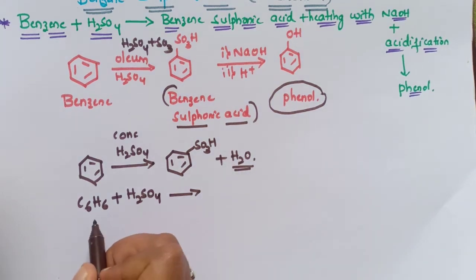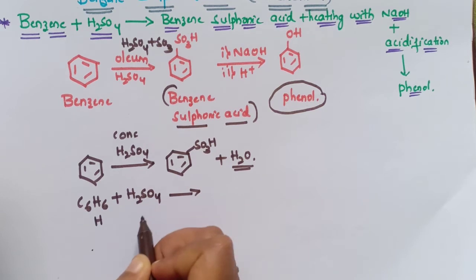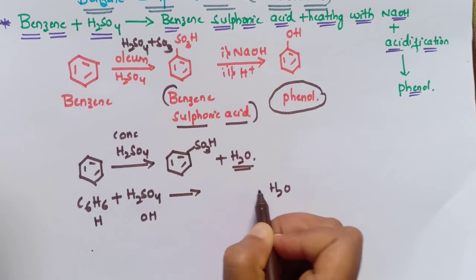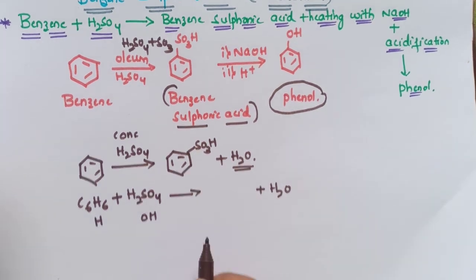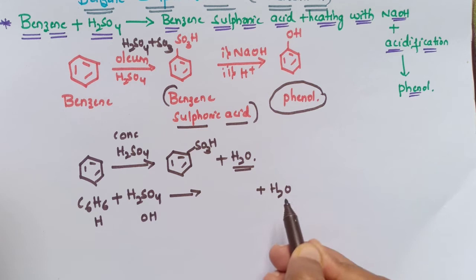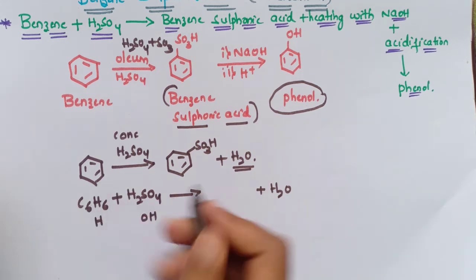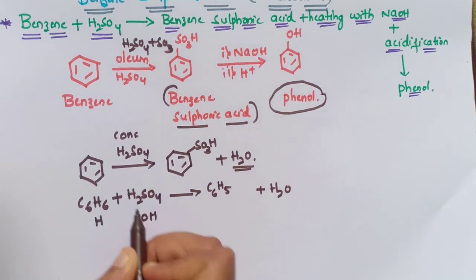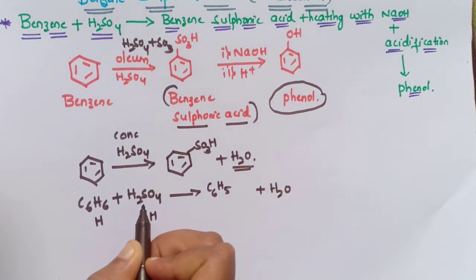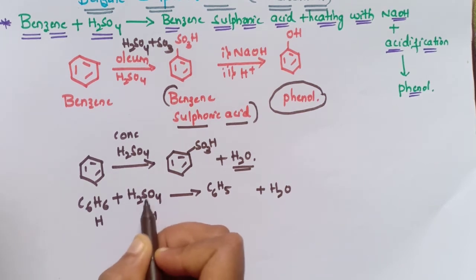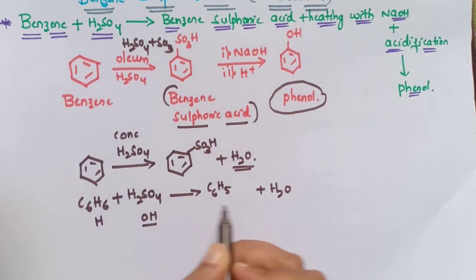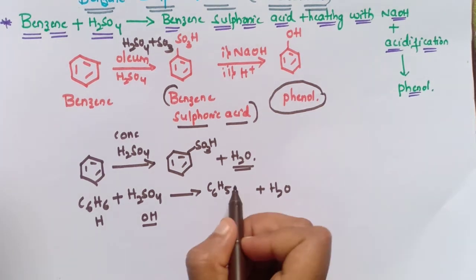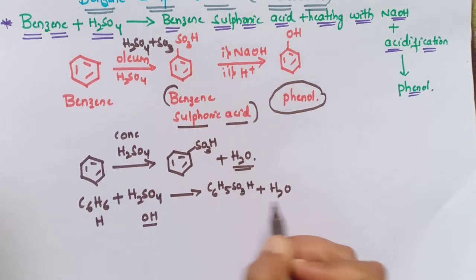That means here is an H and here is OH. So the formation of water will take place, and we have taken out H for the formation of H2O. So we will be remaining with C6H5, and here we are having H2SO4. In this H2SO4 we have taken out OH for the formation of H2O. So we are remaining with SO3H.